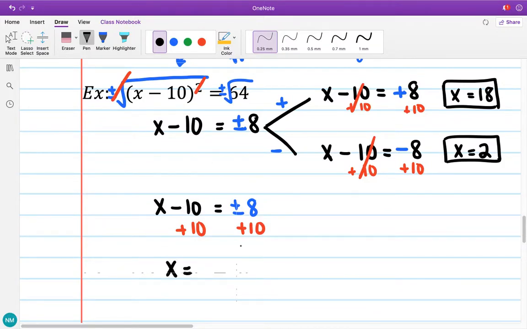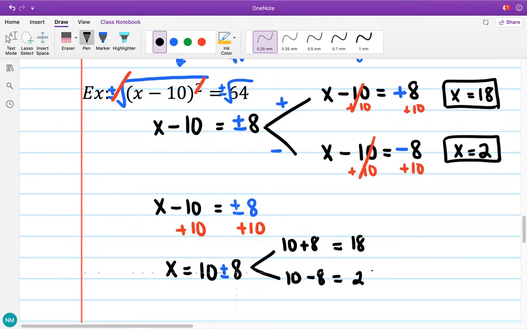So I get x equals 10 plus or minus 8. 10 plus 8, 10 minus 8. I'll even keep this in blue. So 10 plus 8 is 18, and this is 2. So I get x equals 18 and x equals 2. Either way, you get the same answer.